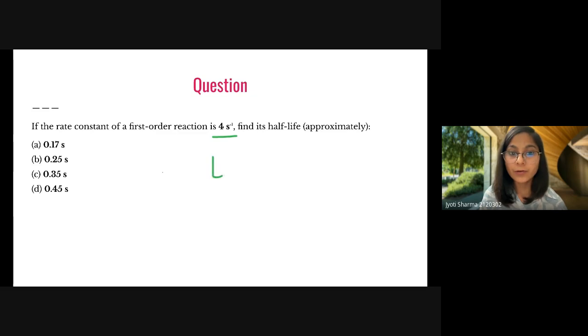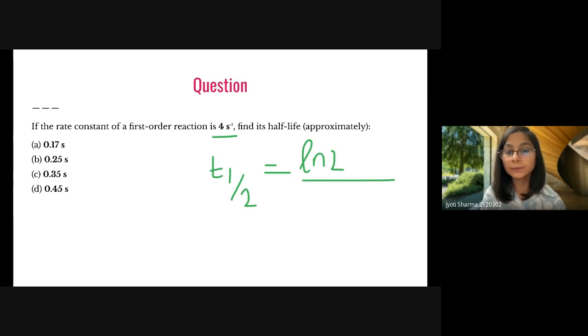For the first order reaction, the half-life is equal to natural log of 2 upon k. This is your rate constant.